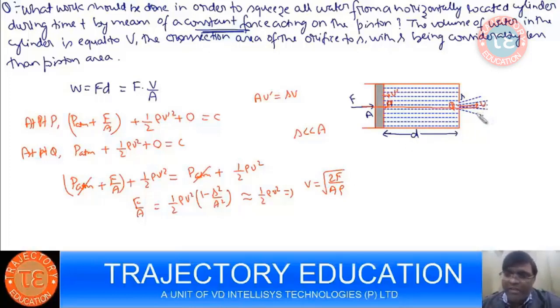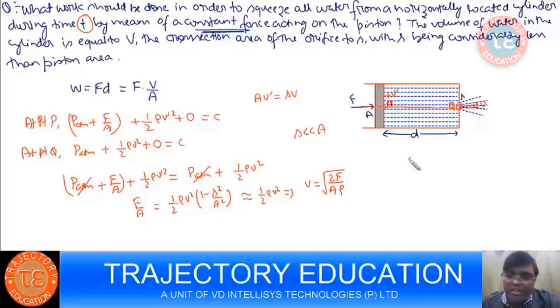I hope you're getting this, right? Now you have some more information. Time t is there. You need to empty the whole vessel in time t. First of all, you tell me how much water is coming out per second.